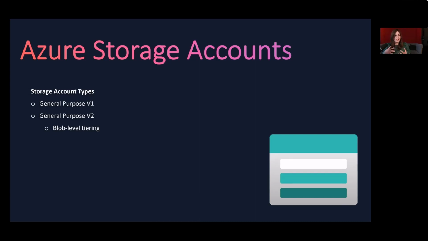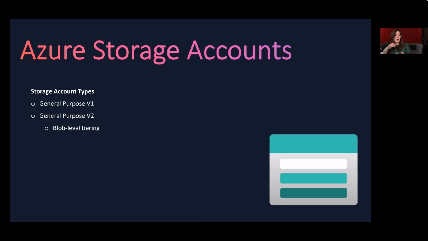But if you are in a position where you're dealing with older storage accounts, then you might find version 1. Version 2 has, as I mentioned, newer capabilities. An example, which will make more sense once I've explained what it is, is blob level tiering, which means that per blob or per file, we can say, I want to put this into cold storage or archive storage because I don't want to access it often.